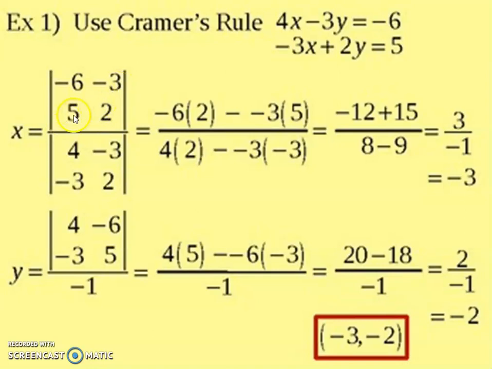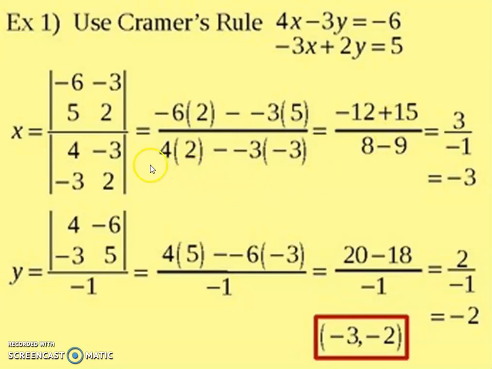Taking the cross multiplication of the diagonal elements: minus 6 into 2, minus minus 3 into 5. Same trick for 4 minus 3 minus 3 2: 4 into 2, minus minus 3 into minus 3. Simplifying, minus 6 into 2 is minus 12 and minus 3 into 5 is minus 15, but minus minus becomes plus, so we write plus 15.